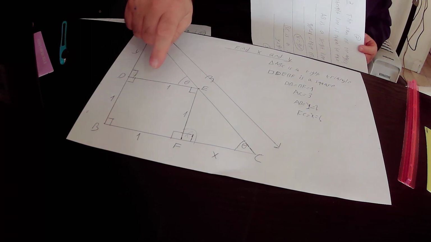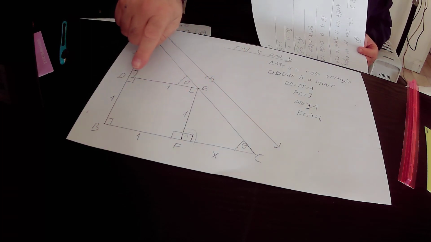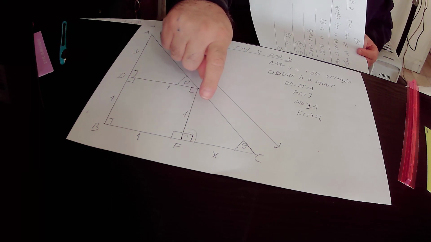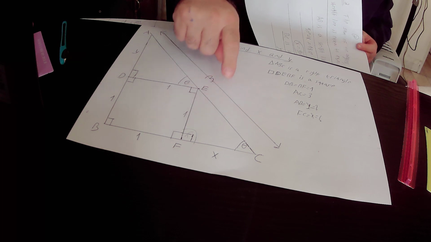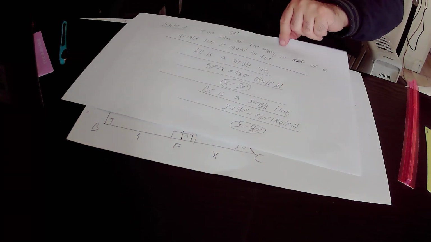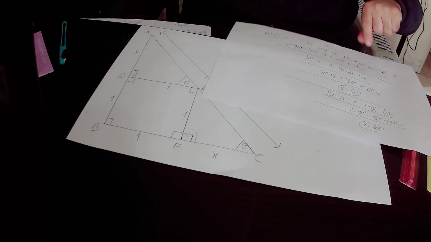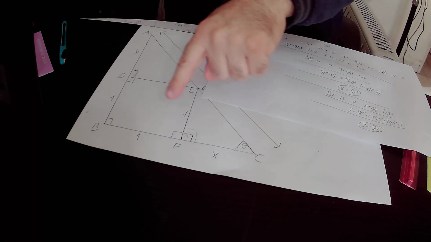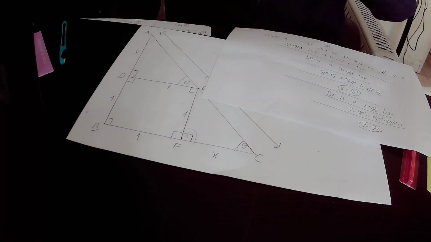Likewise, we know that BC is one side of the right triangle ABC, therefore it must be a straight line. According to rule number 2, if we focus on the upper side of the straight line BC at point F, the sum of the angles must be equal to 180 degrees.